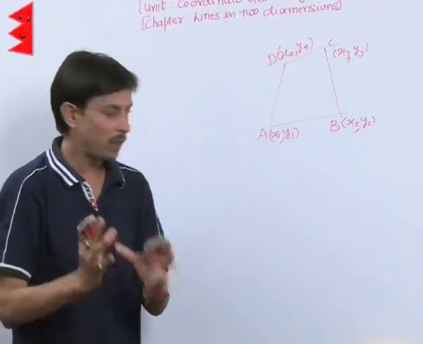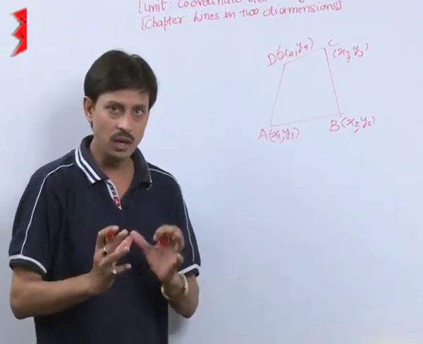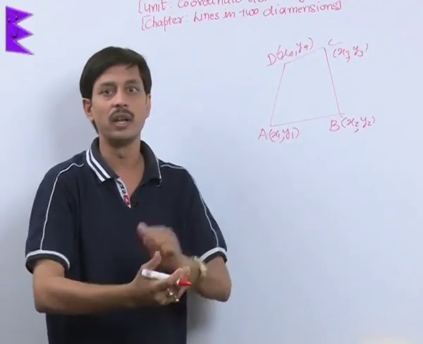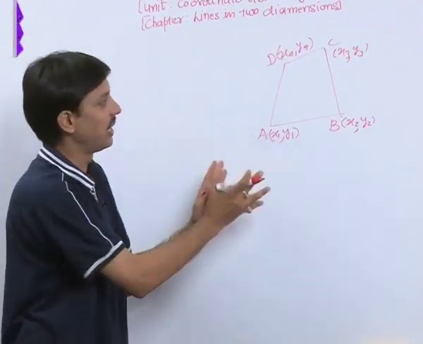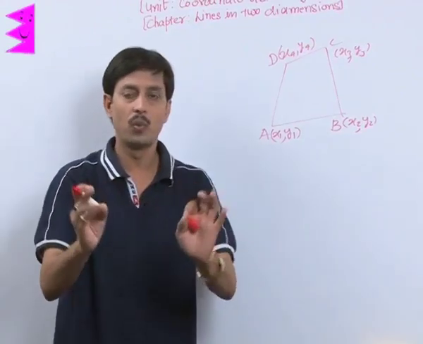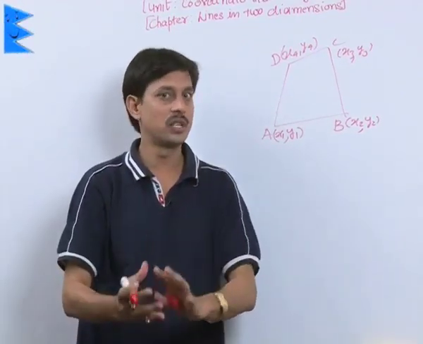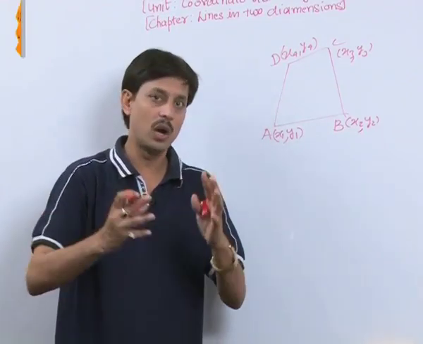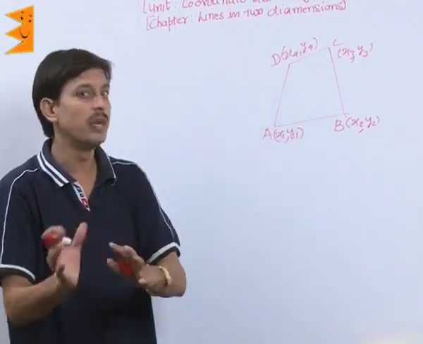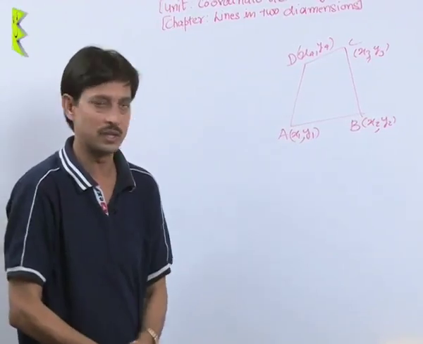With the help of the four vertices in coordinate geometry of any quadrilateral, how will we decide what kind of quadrilateral this is? First of all, you must know how many types of quadrilaterals we have in the family of quadrilaterals.